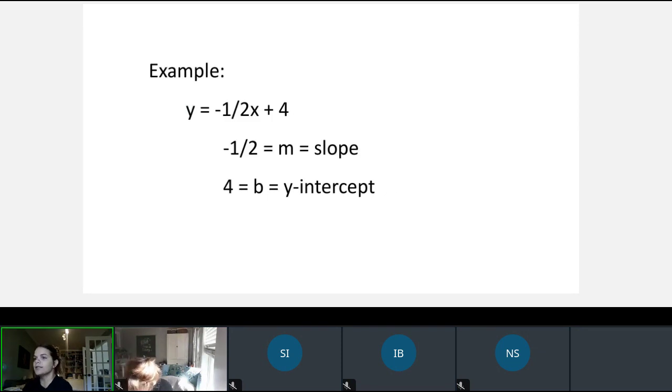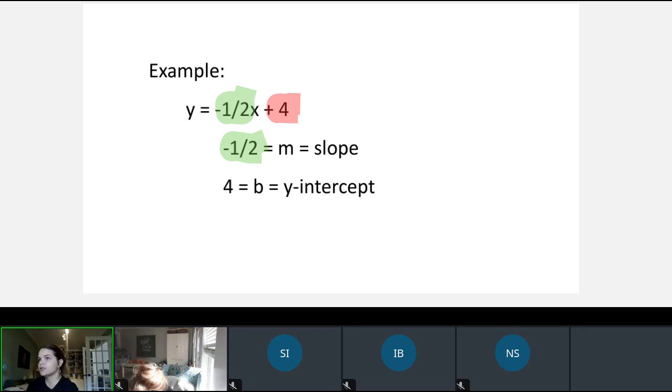All right. So for example, in this equation, y equals -1/2 x plus 4. My slope is going to be the number in front of x, including the sign. So my slope is -1/2. My y-intercept is going to be the number at the end. Not necessarily at the end.